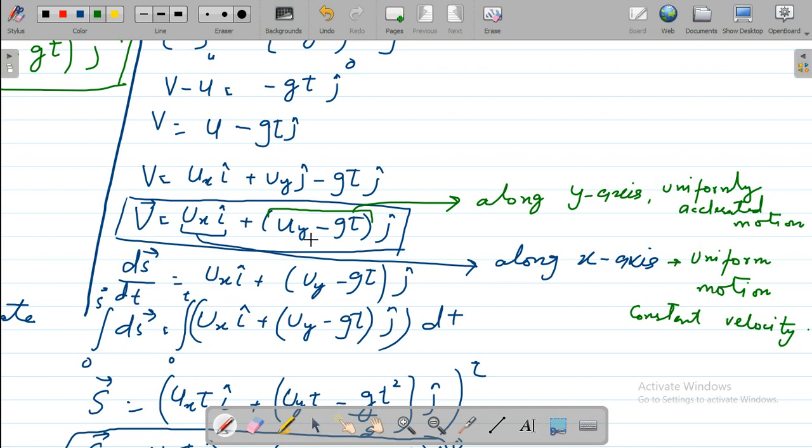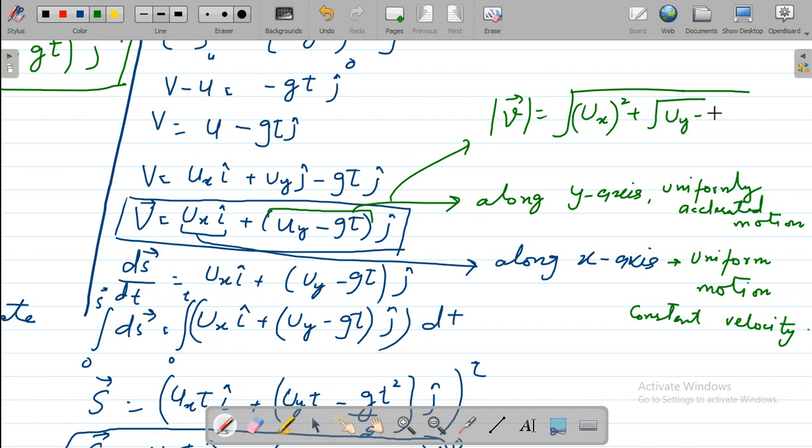We only have to find velocity along y-axis, that's the y component of velocity, and that will be equal to uy minus gt. Then we can find v, and if we have to find the magnitude of v, the magnitude of v will be under root of x component square, that's ux square, plus y component square, that's uy minus gt whole square.